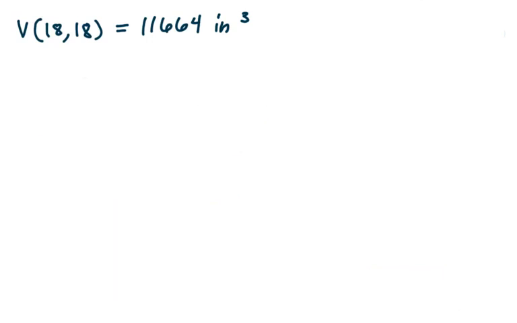Now, if we recall that x was equal to 108 minus 2y minus 2z, if we plug 18, 18 into that, we're going to get that the x value equals 36.